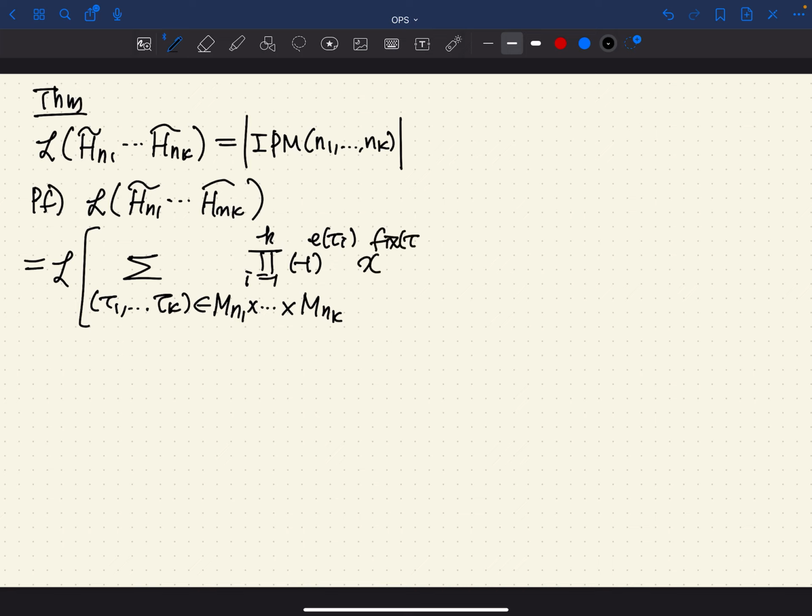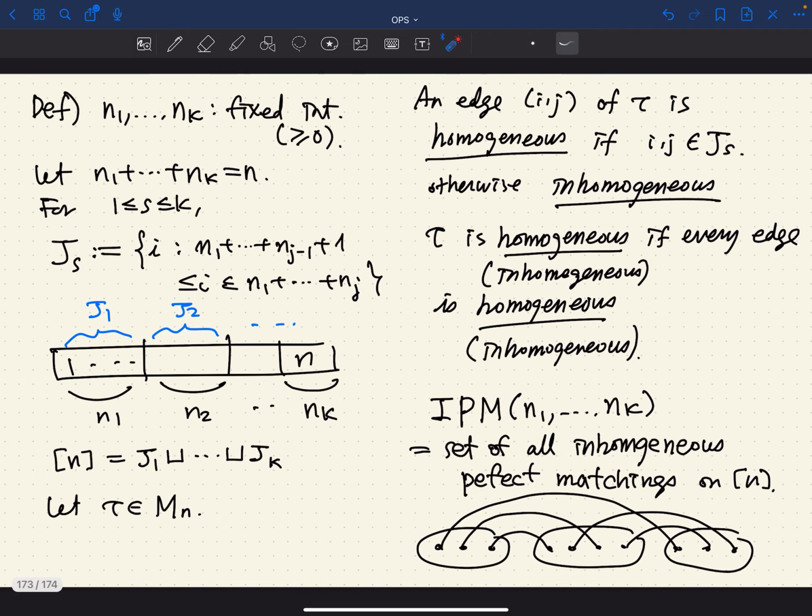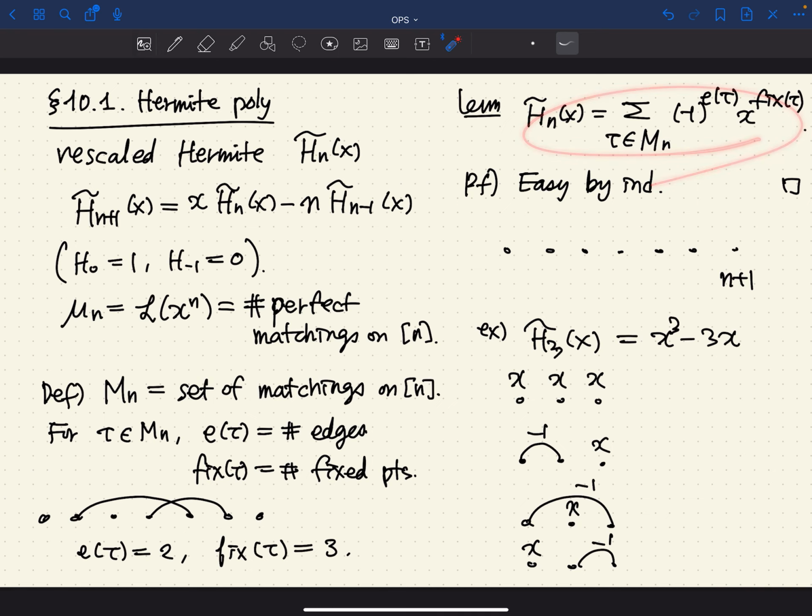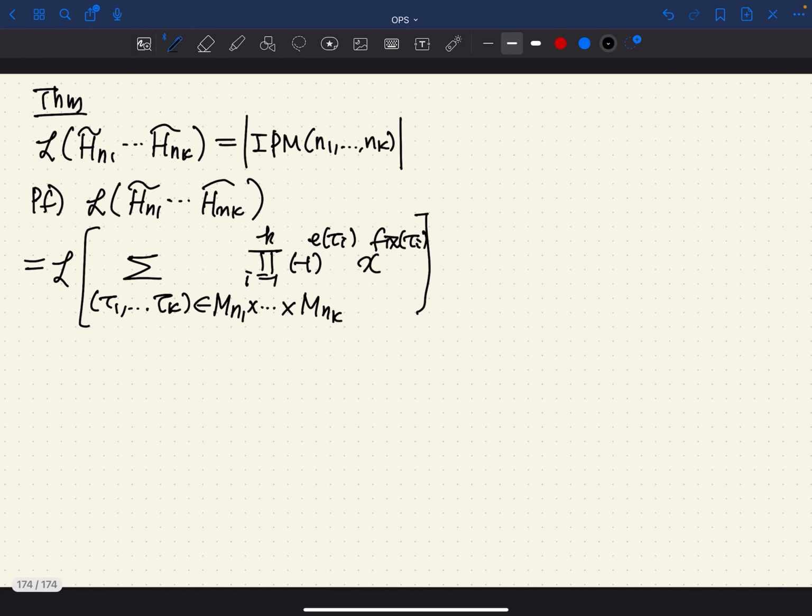This is nothing but replacing every Hermite polynomial by this lemma over here. We didn't do anything serious. And now we use the fact of the linearization, the linear functional. So tau 1, let me omit the set.